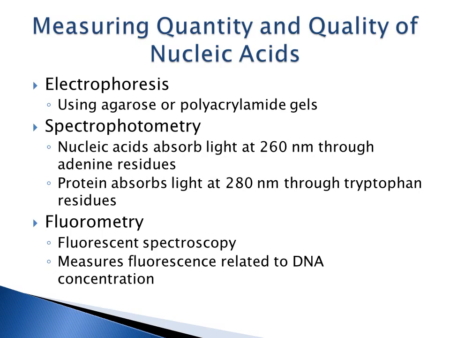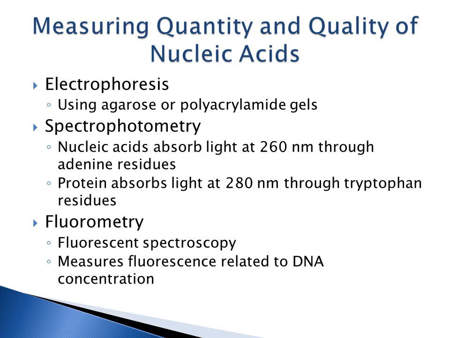So electrophoresis uses either agarose or polyacrylamide gels with your intercalating DNA or nucleic acid agents such as ethidium bromide. Spectrophotometry is where you're using a spectrophotometer to look at light transmittance.